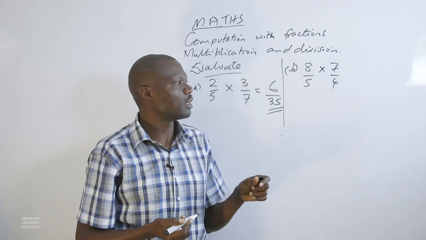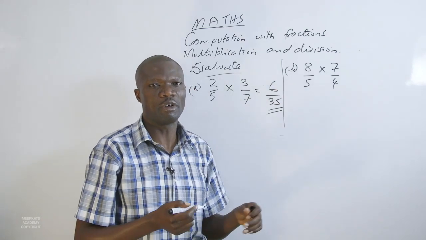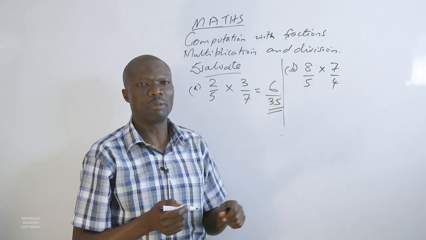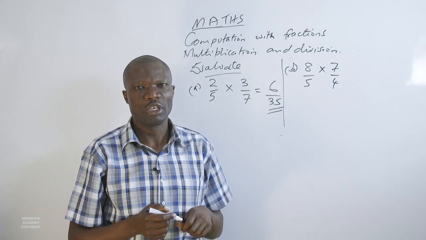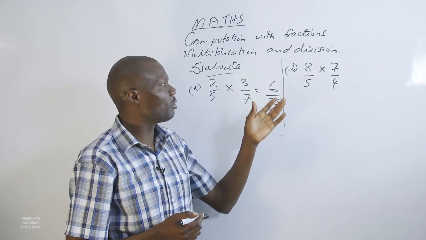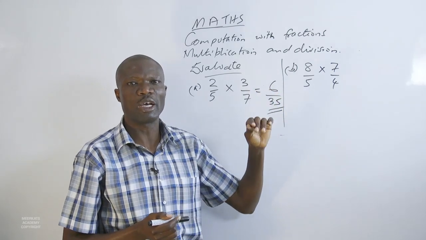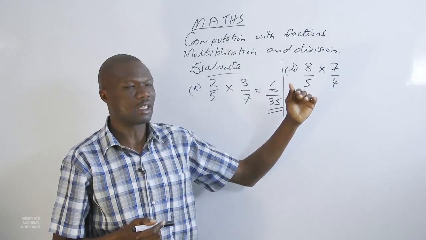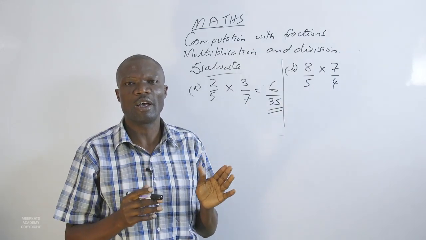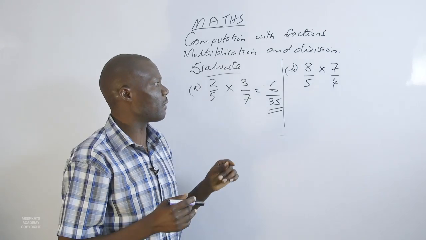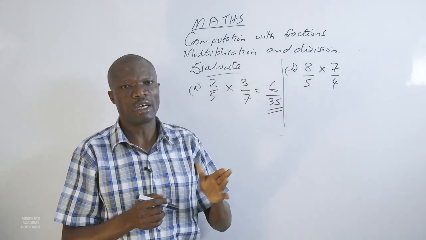For this second one, we have 8 over 5 multiplied by 7 over 4. Looking closely, you realize that among the numerators and denominators, some share a common factor, and that is 8 and 4.